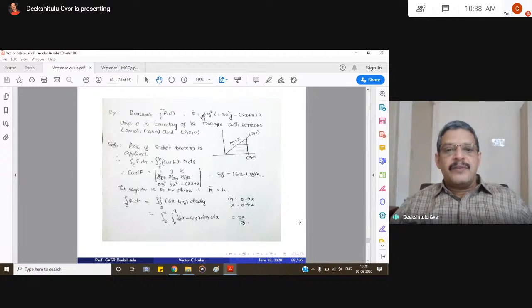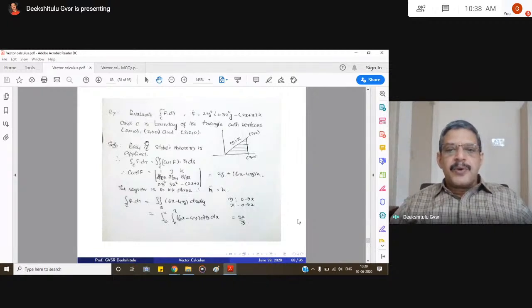So for this F, first I am finding the curl, that is the determinant with i, j, k, del by del x, del by del y, del by del z, and 2y squared, 3x squared, minus of (2x plus z). This is how we find the curl of a vector point function. If you simplify this, you will get 2j plus (6x minus 4y) times k.